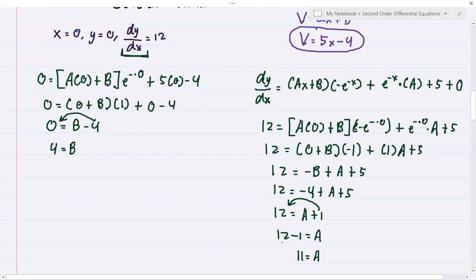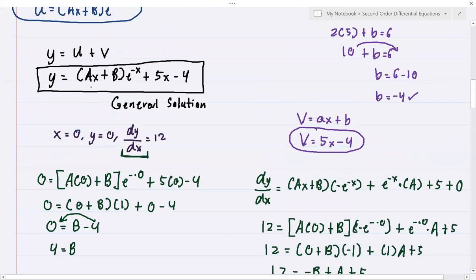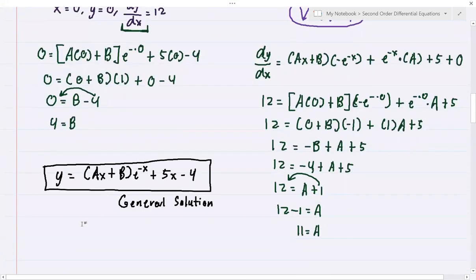Therefore, since your b is equal to 4 and your a is equal to 11, we can now substitute them in these letters. Let me just copy this for a moment and put it here.